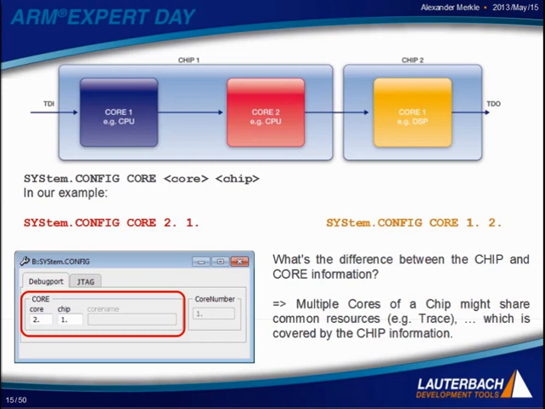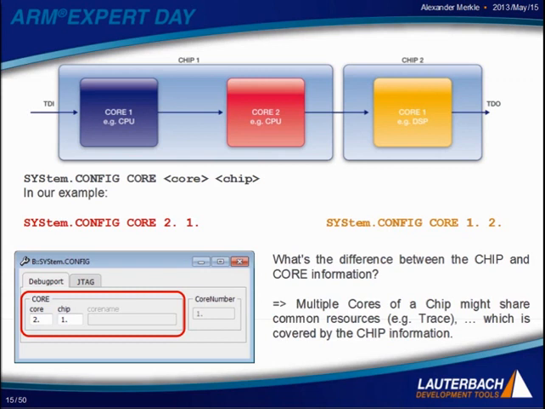Is this chip and core information necessary? I say yes. The cores might share common peripherals, like for example a trace port. They can share their data and address bus, or they might have specific hardware accelerators that can only be used exclusively. So what we need to know is the core and chip index.